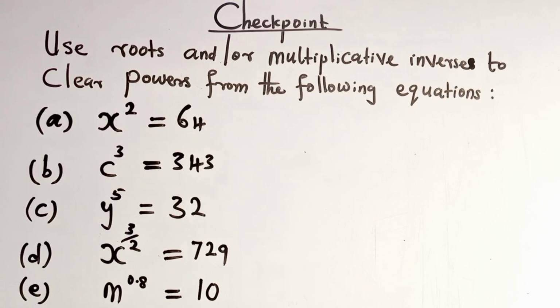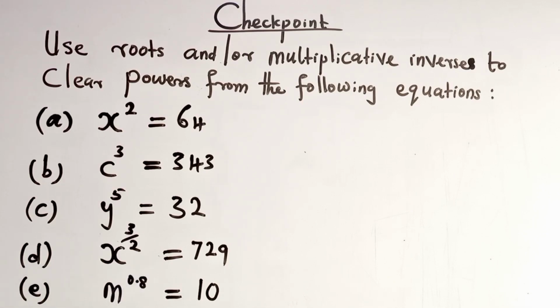That 3 over 2 is the power. You better use 2 over 3, which is its inverse, to make this become power 1 and do it to both sides, than insisting on looking for the square root of this x and then later raising it to power 3. It is cumbersome. So I again recommend that you use multiplicative inverse instead of outright root.